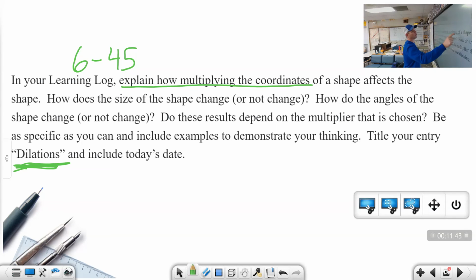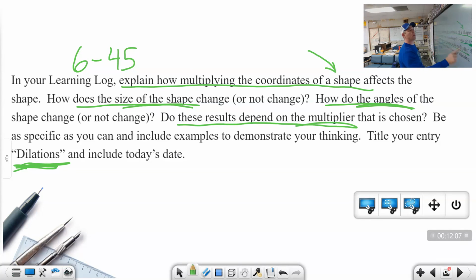Explain how multiplying the coordinates of a shape affects the shape. How does the size change? This is talking about the shape. Does it still look like the shape? And this is talking about the size of the shape. Sometimes it's bigger, sometimes it's smaller. Maybe it doesn't change at all. What happens to the angles? Does it change? Does it not change?